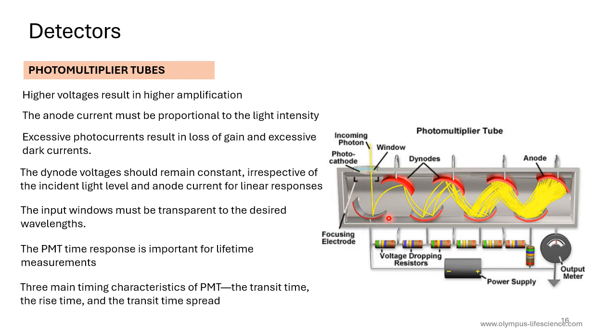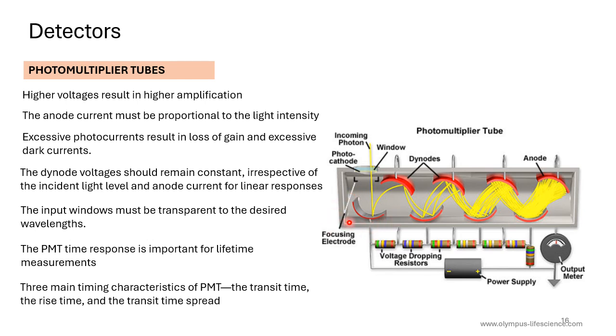Now, when an incoming photon falls upon this photocathode, due to this potential difference, it comes to this first diode and it produces 5 to 20 electrons. So, after this photon colliding with this photocathode, it generates a photoelectron, which further comes towards this first diode due to the potential difference, and it produces 5 to 20 electrons.